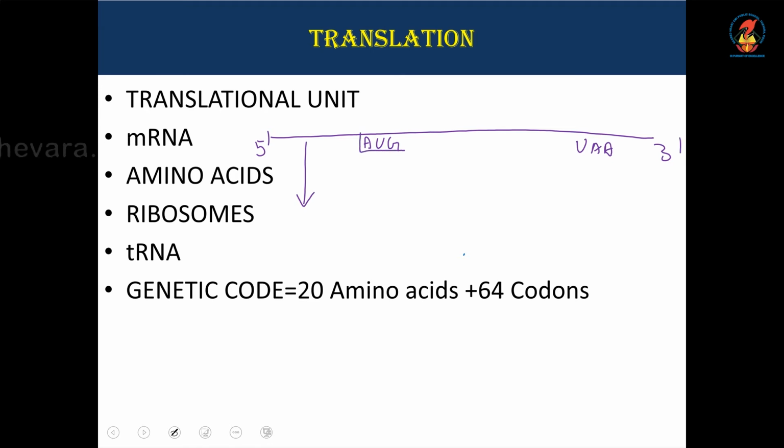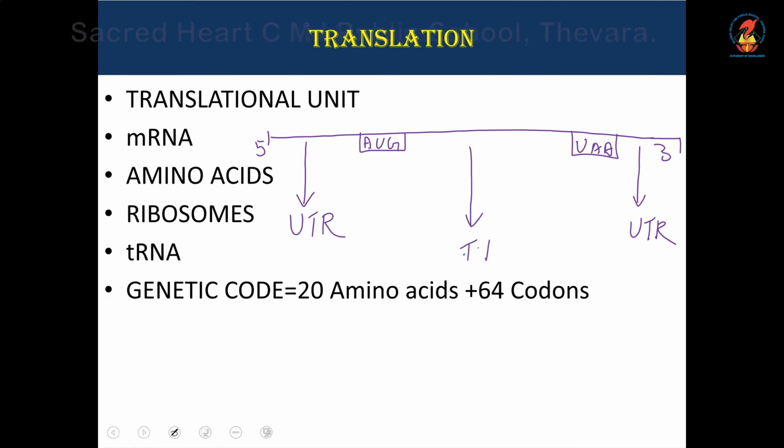This region before the start codon is called UTR, untranslated region, and this region after the stop codon is known as UTR. UTR stands for untranslated region, and which is going to be translated into proteins? This region, that is between the start and stop. This is only going to be translated. This is the translated region.